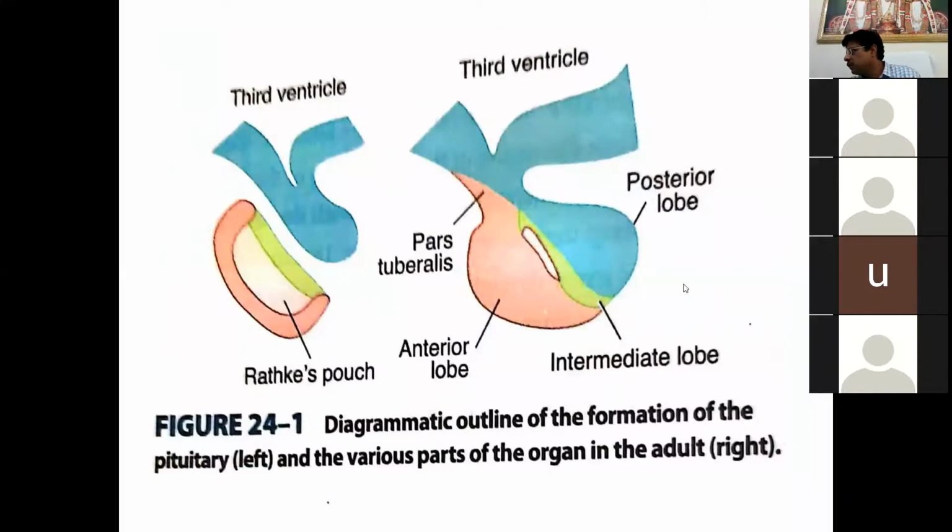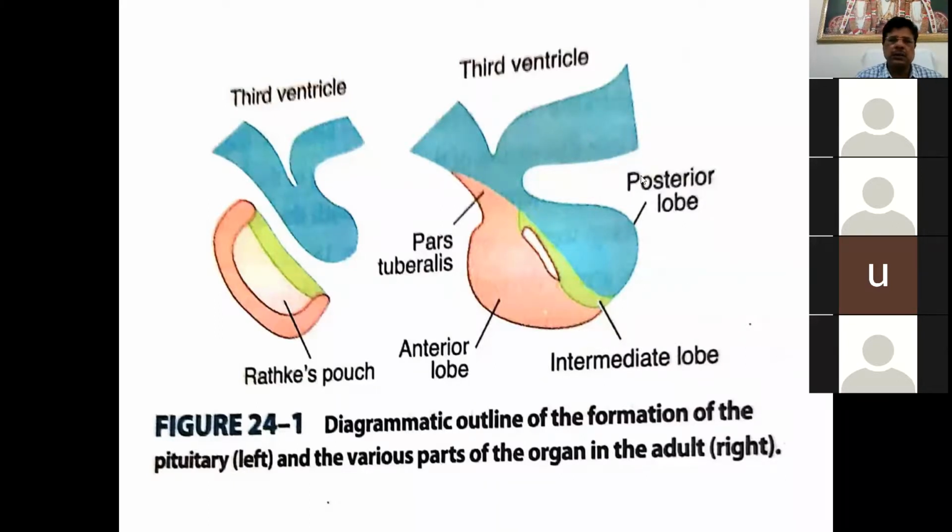Okay, so we'll move on to the next topic, that is the anterior pituitary. Before I actually start the discussion on the anterior pituitary, very briefly, I'll just run through the embryology and a little bit about the anatomy of the pituitary gland.